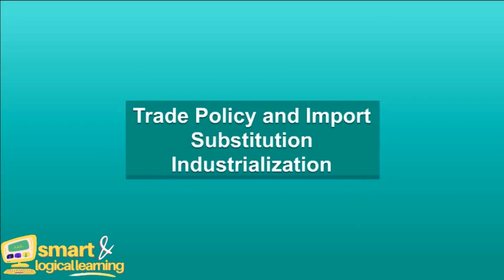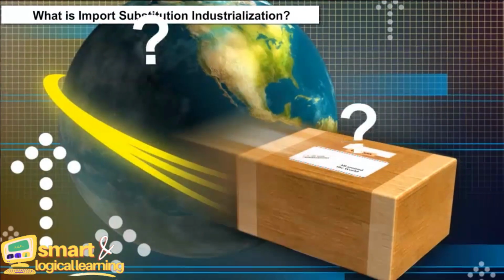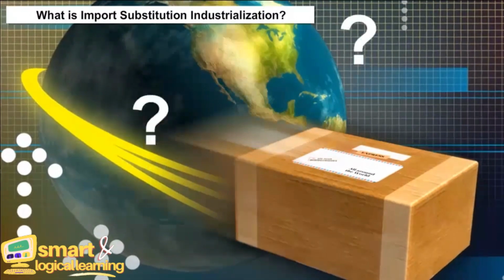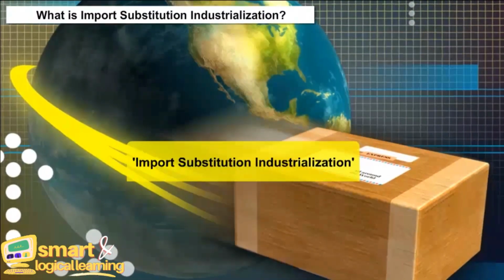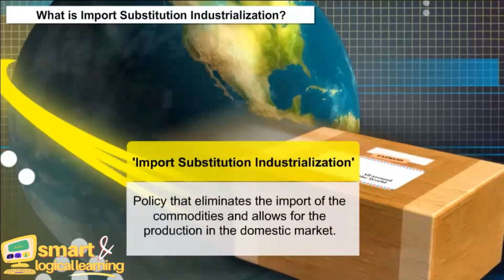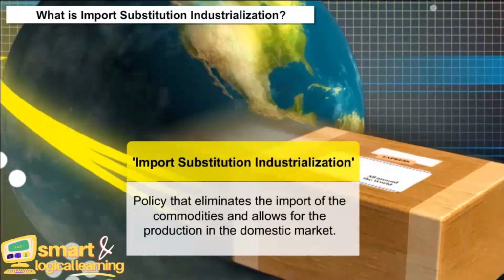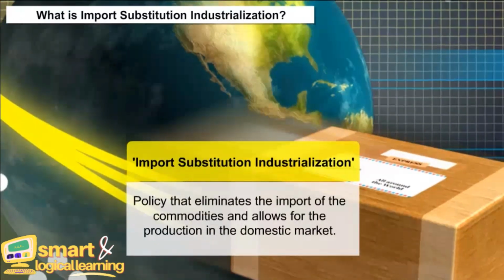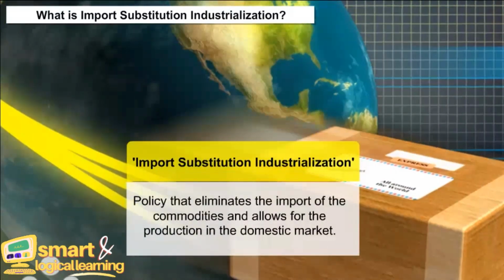Trade policy and import substitution industrialization. What is import substitution industrialization? Import substitution industrialization generally refers to a policy that eliminates the import of commodities and allows for their production in the domestic market.